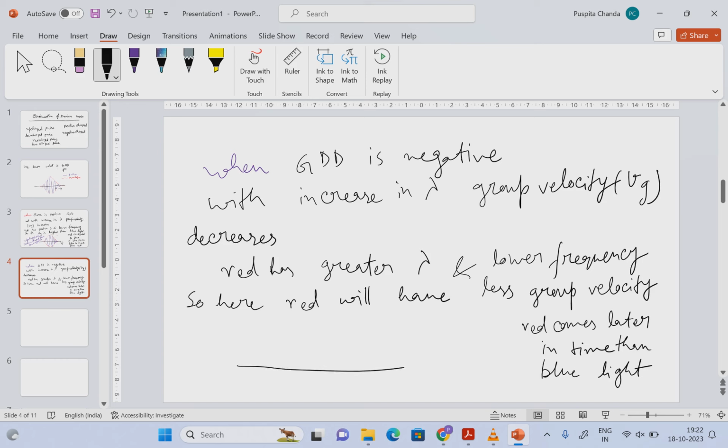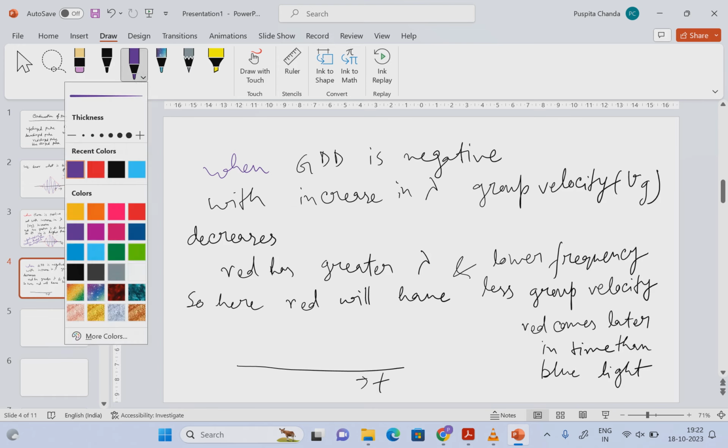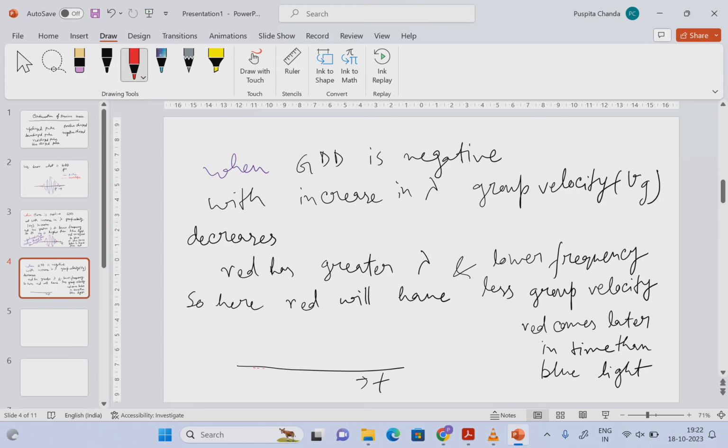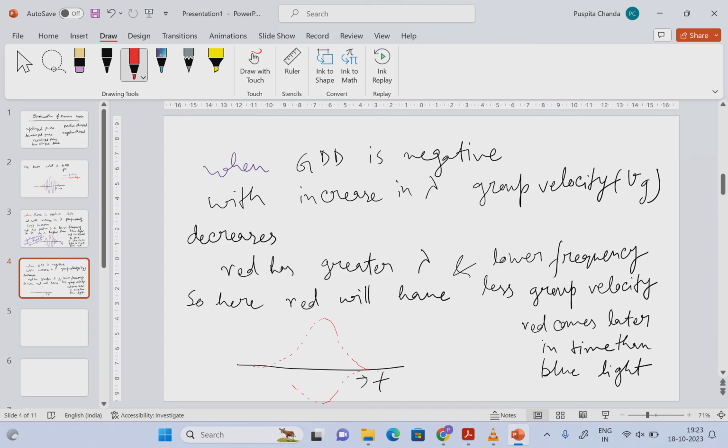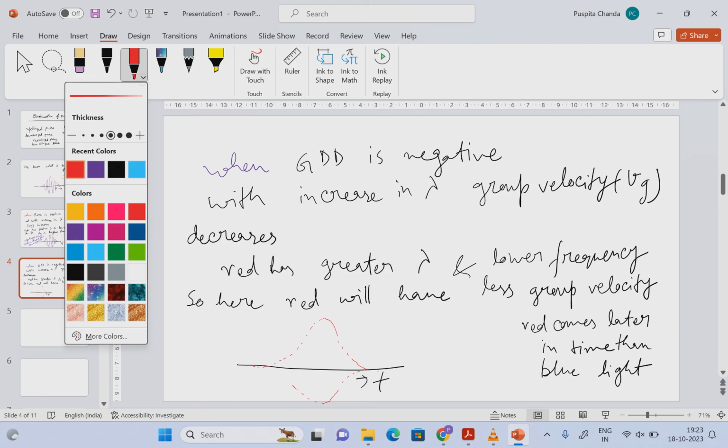So this is the time scale. The envelope is going to be the same.